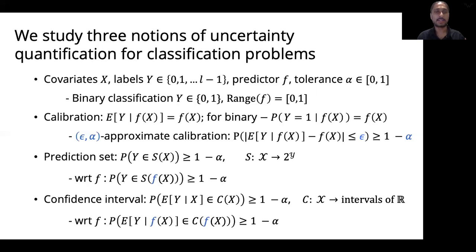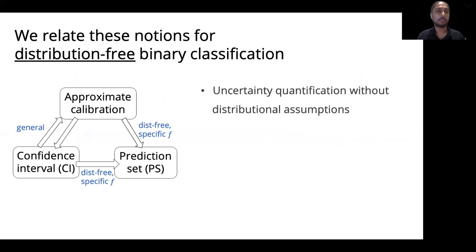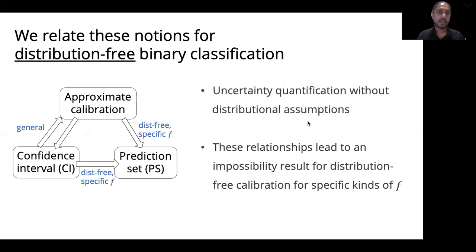Having set up these three definitions, we now come to the main diagram of the paper, which is this diagram on the left. Here we are relating these three notions for distribution-free binary classification, which is the focus. Distribution-free means that we're interested in uncertainty quantification without making any distribution assumptions, so it's a provable distribution-free setting.